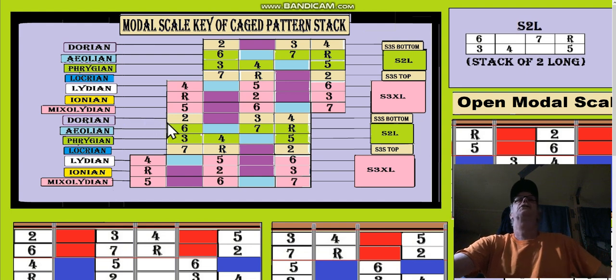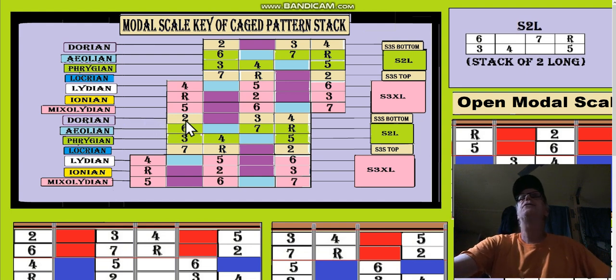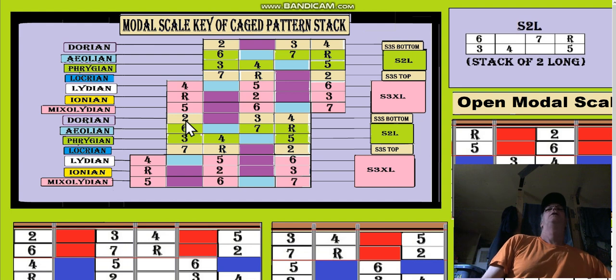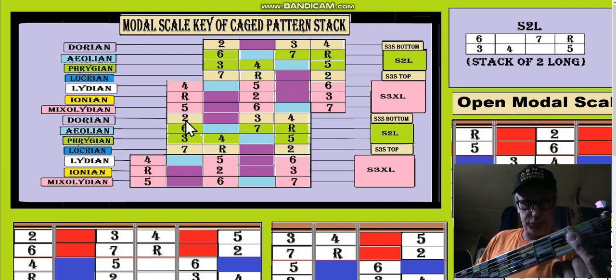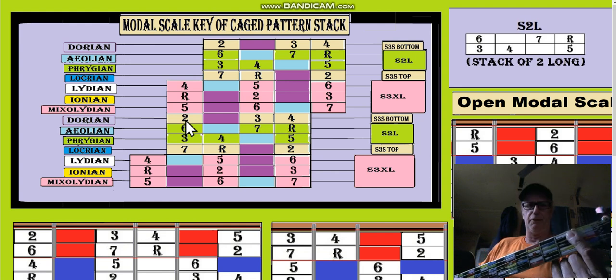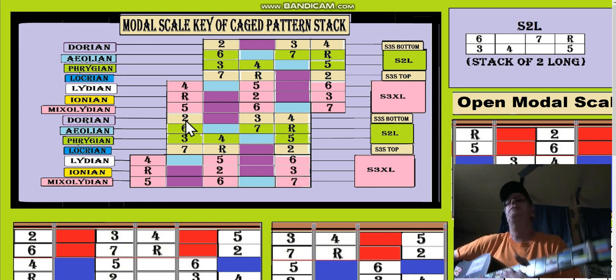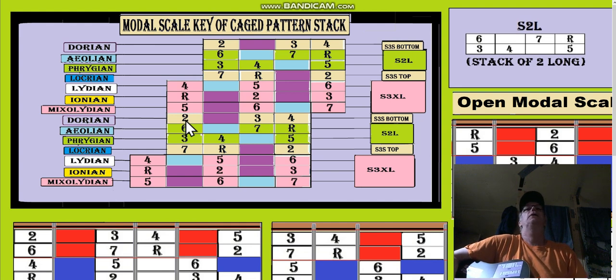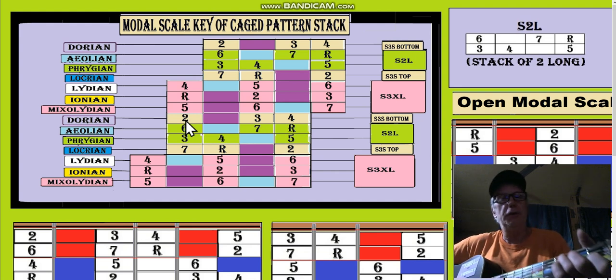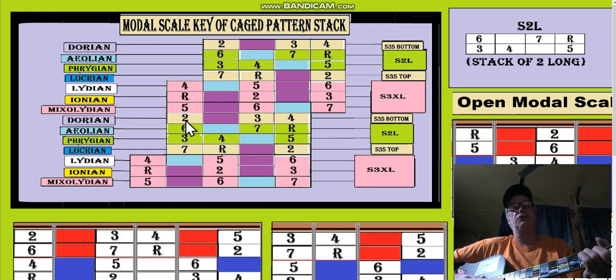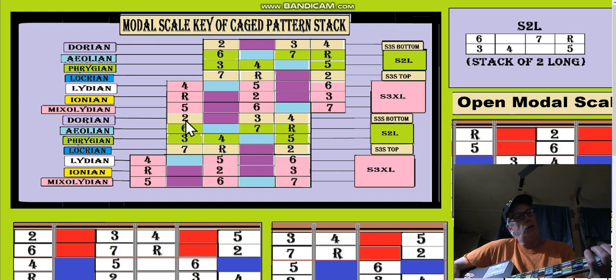I want to access all seven of those from the fixed fret nut. And the way it's set up with just regular old CAGED, C is the only CAGED position that you can access all of the modes.